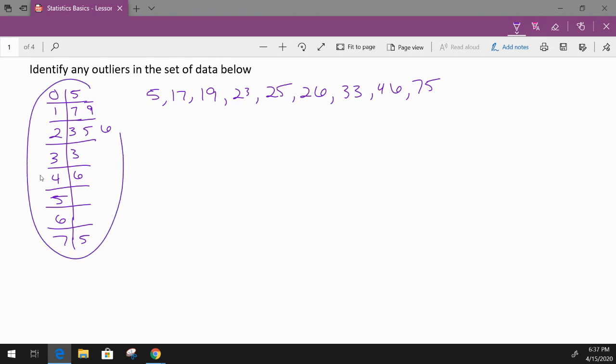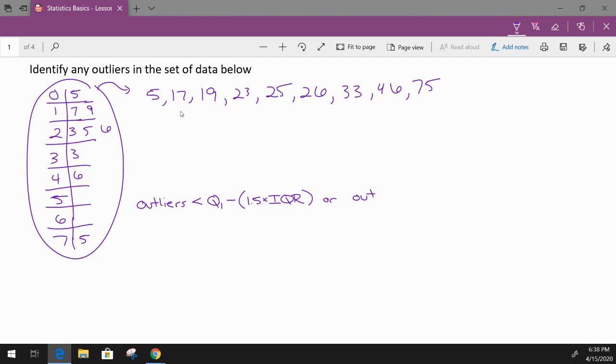All right, so when it comes to identifying outliers, there's this formula that says outliers are numbers that are less than Q1 minus 1.5 times the interquartile range. That's the lower end.